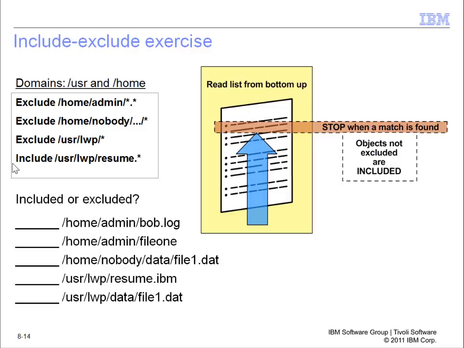And the statements that would read from the bottom up, we are going to include /user/LWP/resume with any extension, then exclude the rest of the files in /user/LWP, exclude anything in home nobody, and exclude home admin all files. So take a minute and figure out which of these files are included and which of them are excluded.